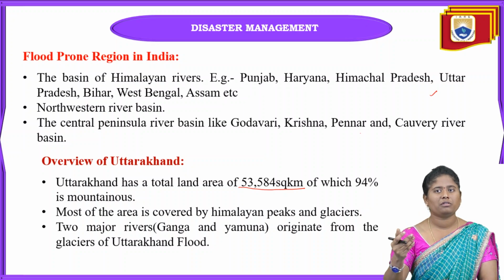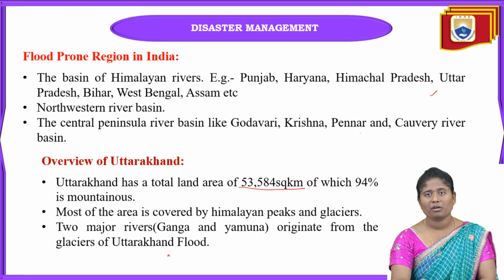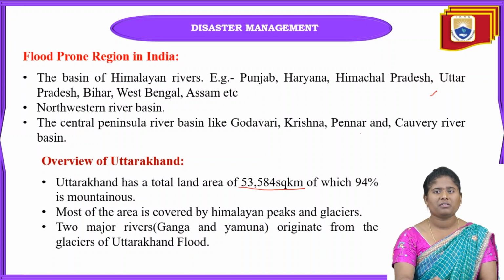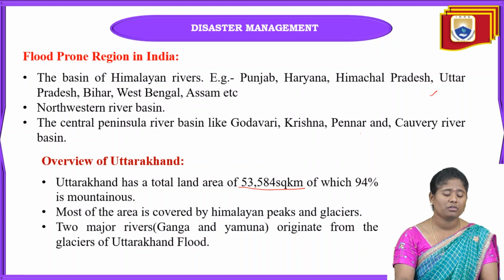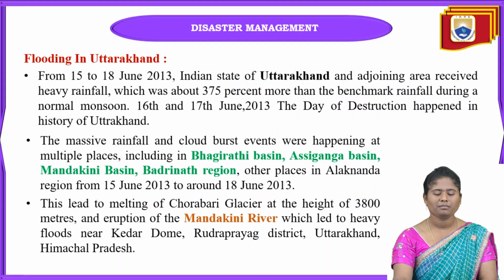Because of that, floods can happen easily and also frequently in this Uttarakhand region. In this Uttarakhand region, we have two major rivers, that is Ganga and Yamuna. These Ganga and Yamuna originate from the glaciers of Uttarakhand only. If these rivers overflow, that will cause floods here.